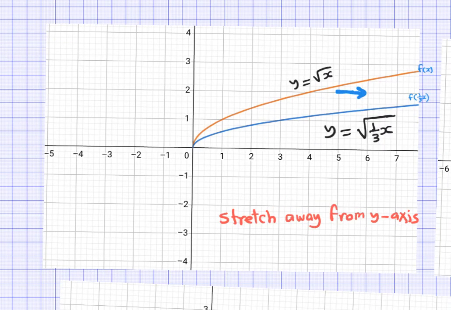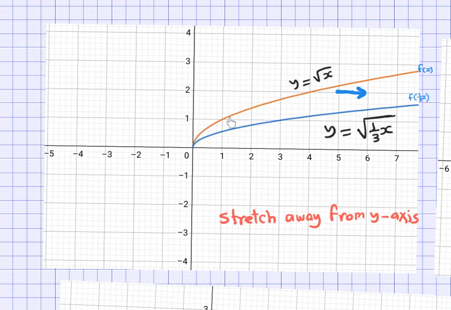The last one: if we have y equals root x, what about y equals square root of 1/3 x? In this case, if you multiply x by 1 over 3, you should multiply x by 3. So the point (1, 1) will be (3, 1). So x is multiplied by 3 and the y is the same.